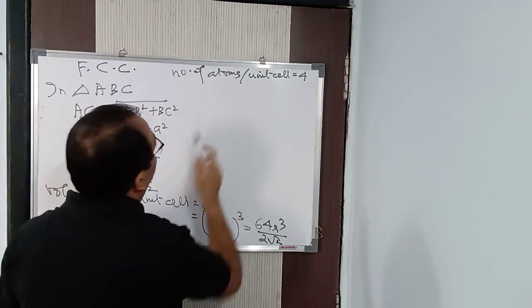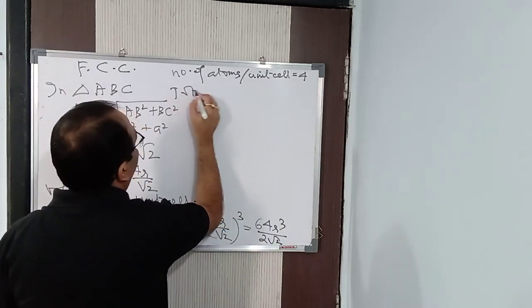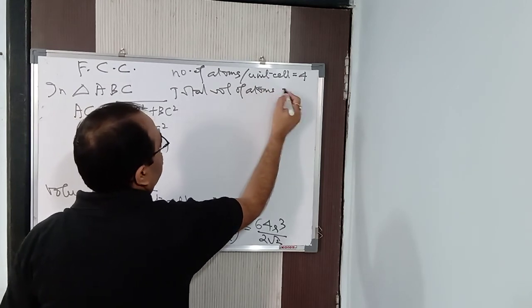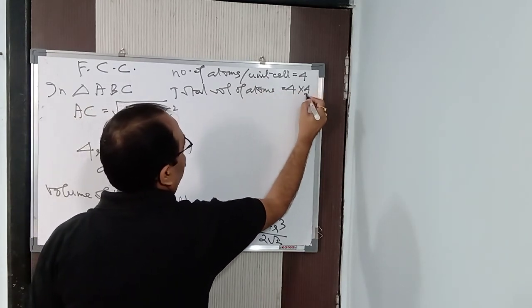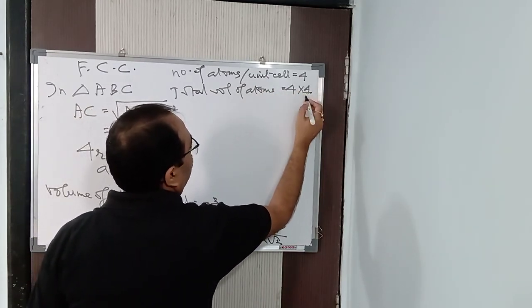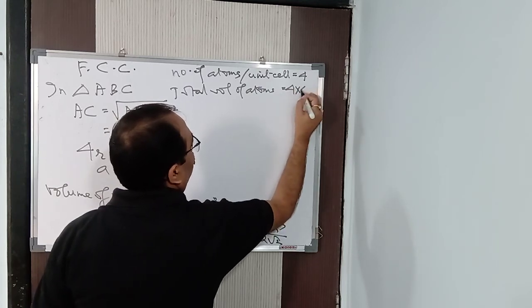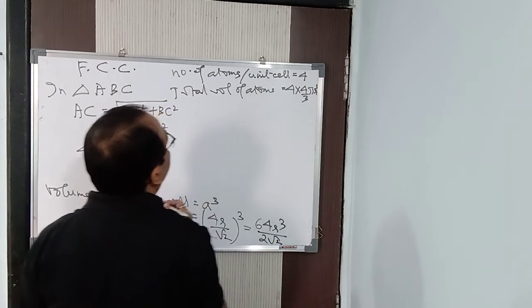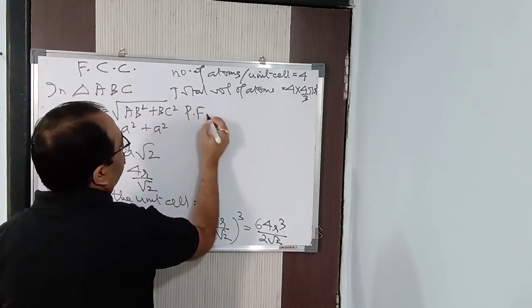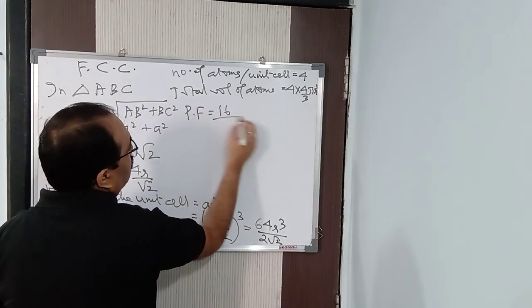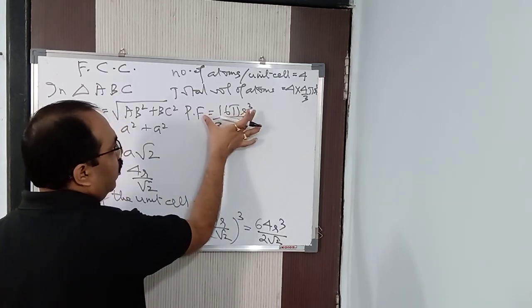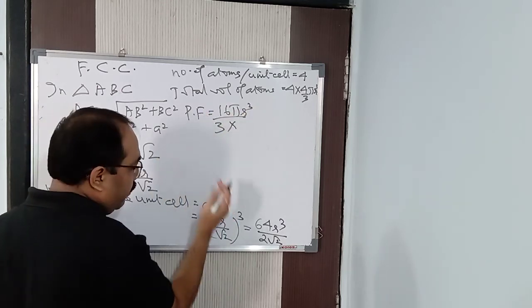Now next is the total volume of atoms per unit cell. So 4 into 4 by 3 pi R cube. So the packing fraction will be 16 by 3 pi R cube, that is total volume of atoms divided by volume of the unit cell.